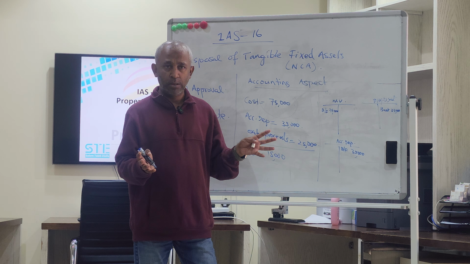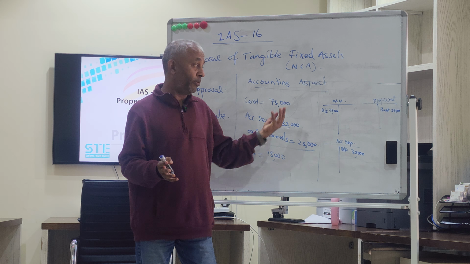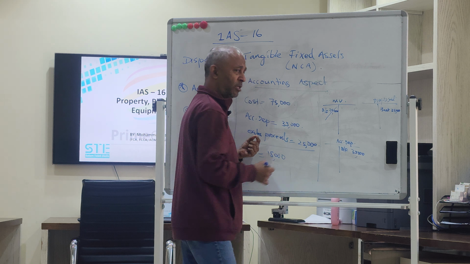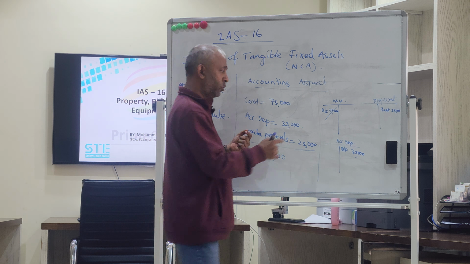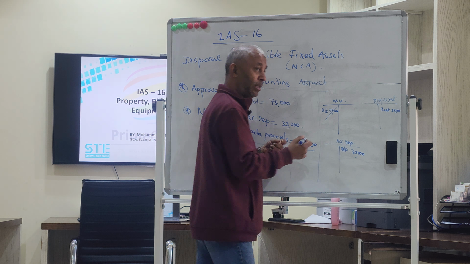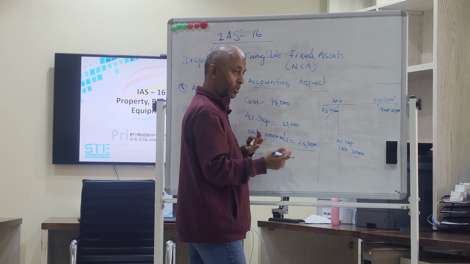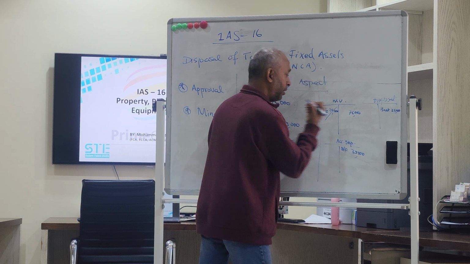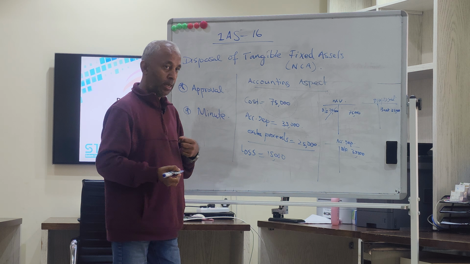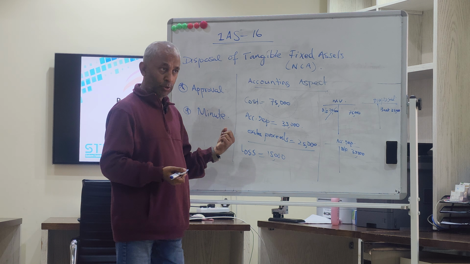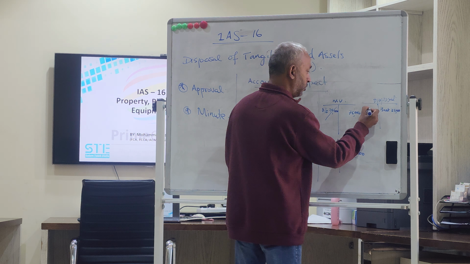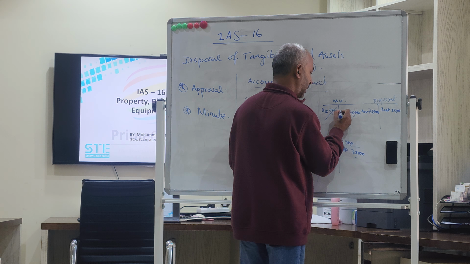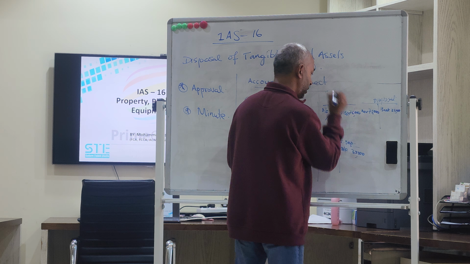Can we do that? We cannot. So I need to remove this. Removing doesn't mean I'm erasing it. I should transfer the account by an entry. So in order to remove, I have to credit the motor vehicle account. And why do I remove? Because I am disposing this. So I debit the disposal account. So here motor vehicle, here disposal.